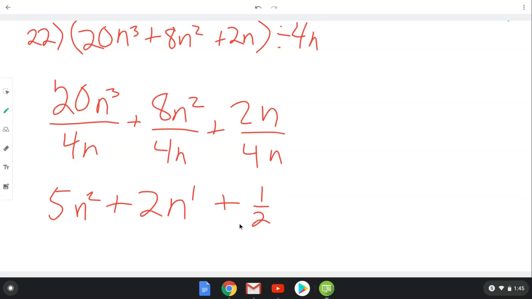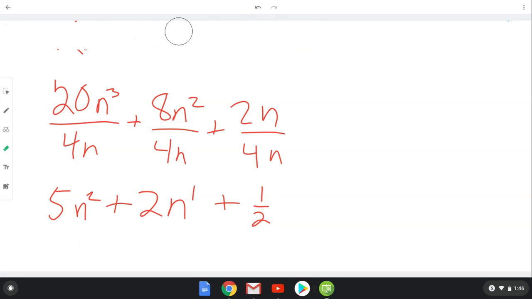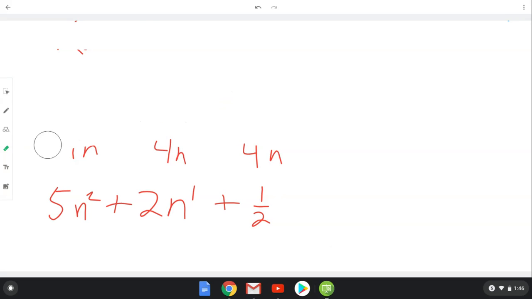So you're just dividing each piece and remembering that when you divide something with the exponent that has the same base, you're just subtracting your exponents. So let's do one more example of this. So I'm going to erase, and we're going to do number 26 on the multiplying polynomials worksheet.